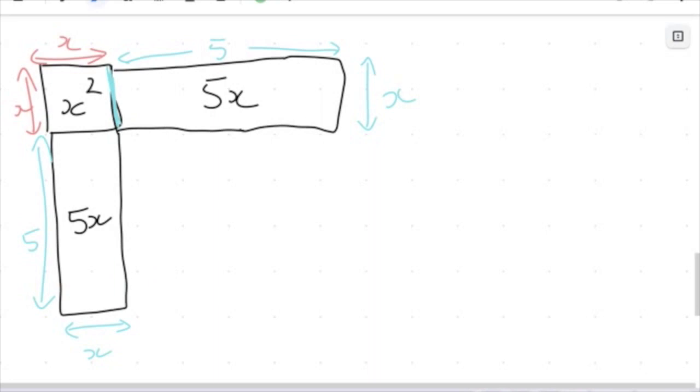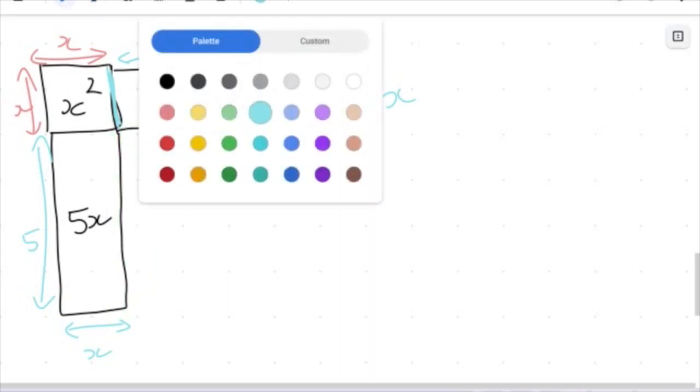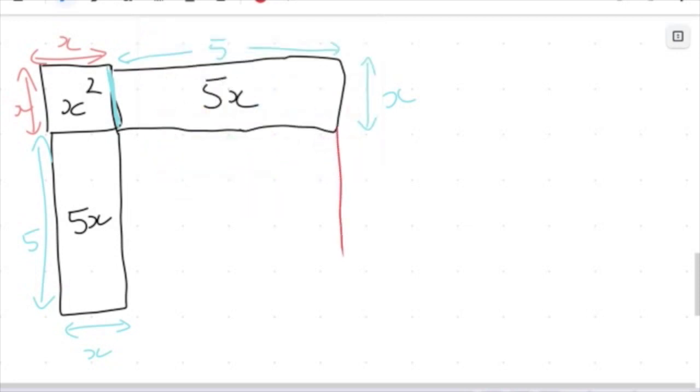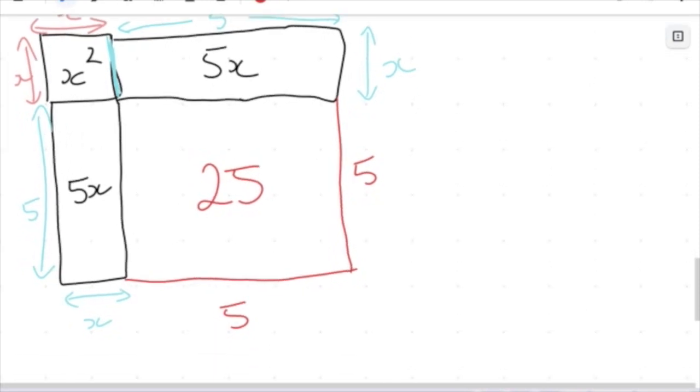Well, I can see that I have a dimension of 5 by another dimension of 5. So I'm going to have a square within here of 5 by 5. This is 5, this is 5, giving me 25 within here.